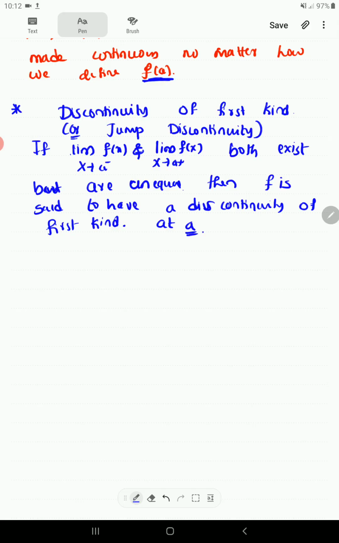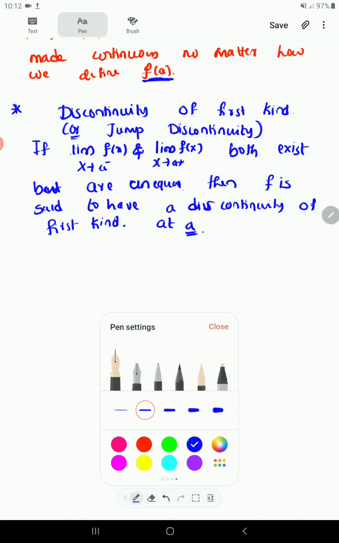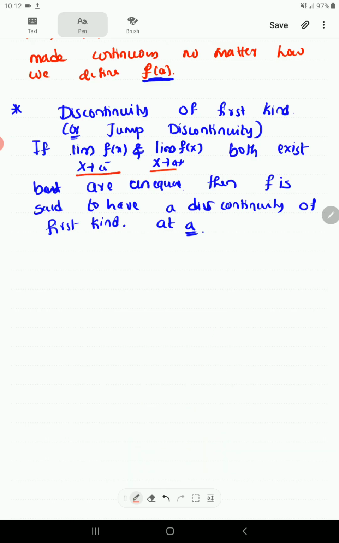So here, in this case we have the left hand limit and the right hand limit, both exist, but they are not equal. That is the important point to be remembered.